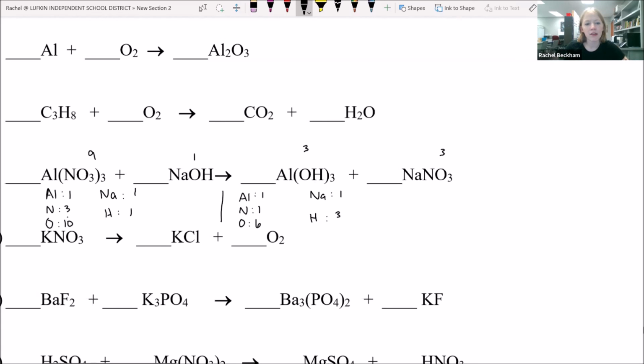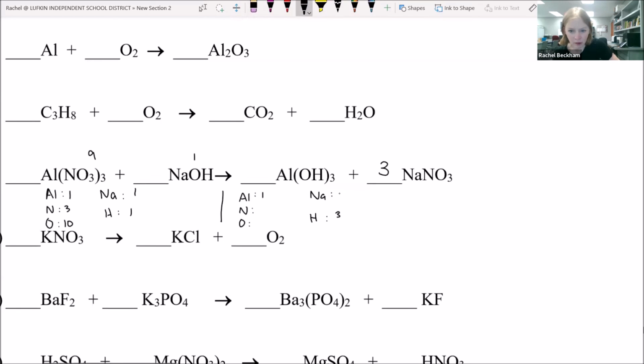I've got 3 N's on this side and only 1 N over here. So in my mind, I know that I have to multiply this times 3. And I'm just going to play around and see if this makes sense. Because if there's 3 N's over here, I've got to multiply all of this times 3 to get 3 N's right here.